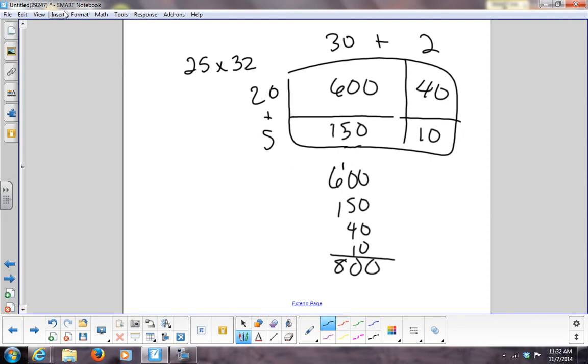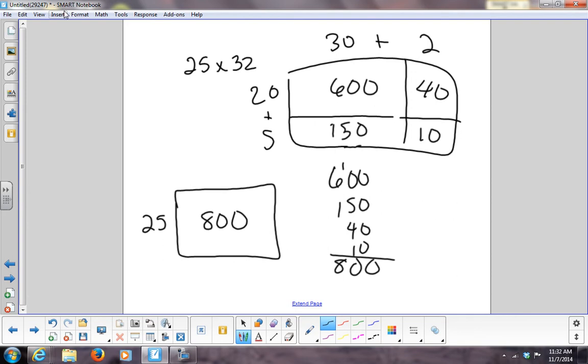So, now what we are doing is that in reverse. Kind of. Okay? Just stay with me for a second. So we have a total of 800 in here. And let's say it was divided by 25, okay? We would see how many times we could break apart this box.